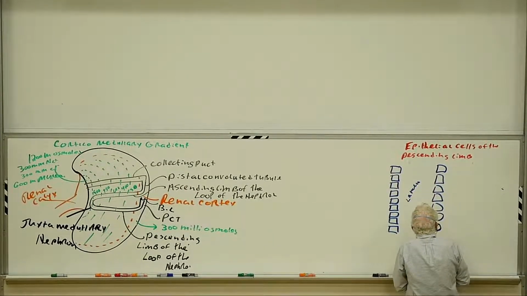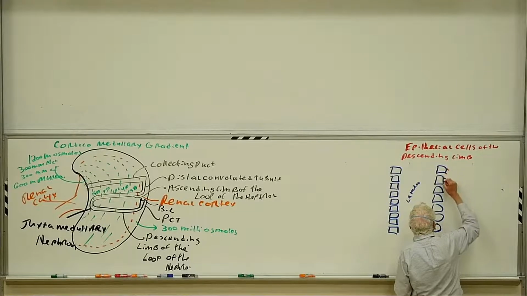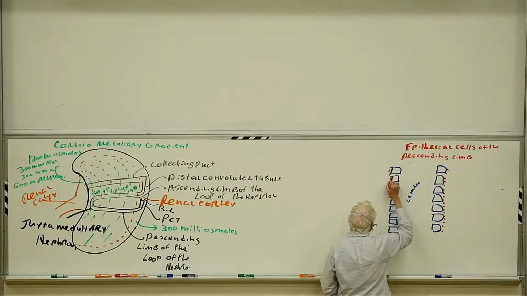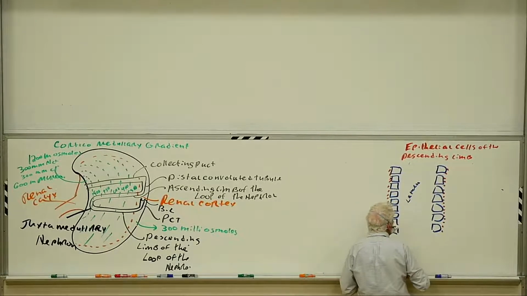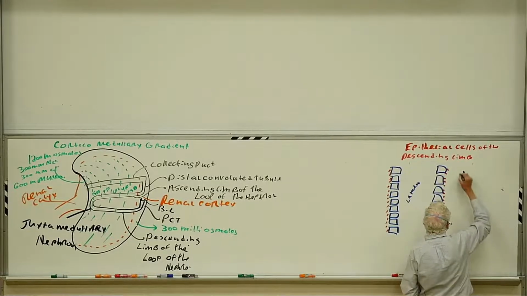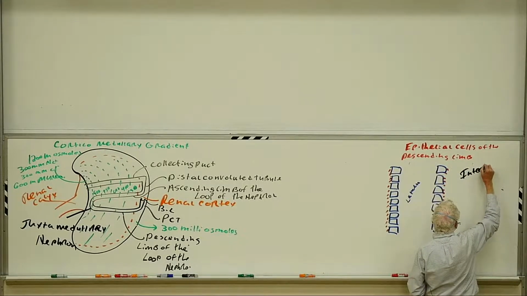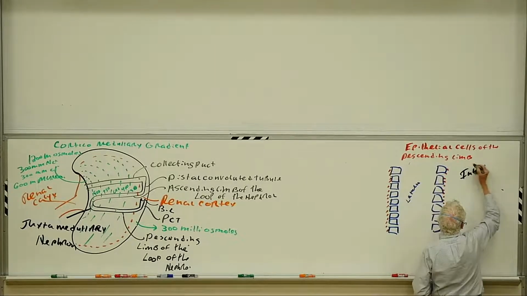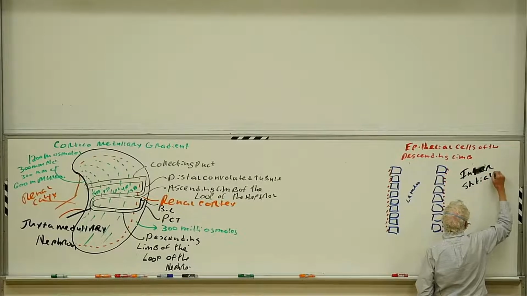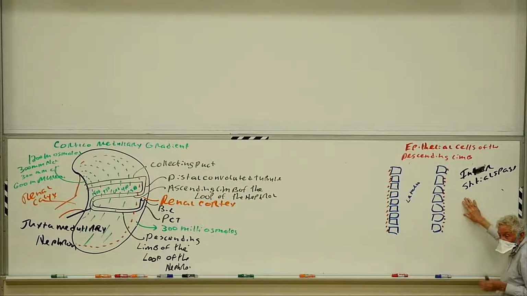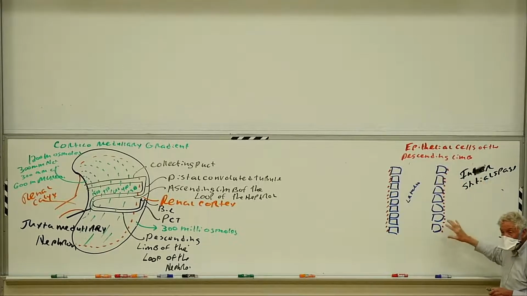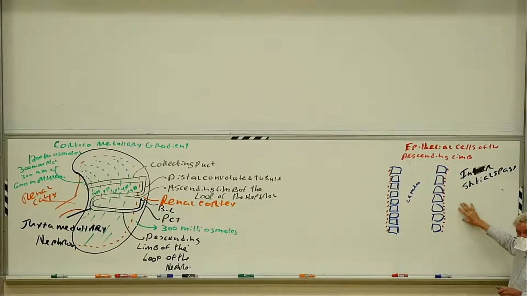So to orient you again, here's the basolateral surface. There's the basal lamina. And out here is interstitial space. That's just a fancy term for talking about the extracellular space around all these cells. So this is the extracellular space.